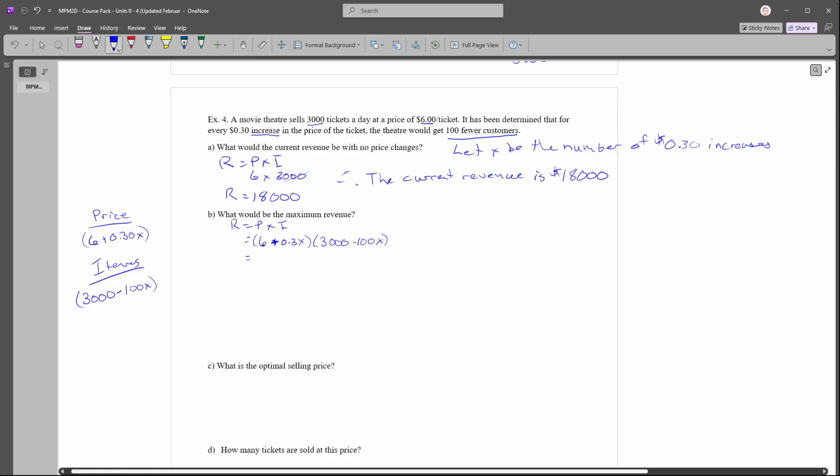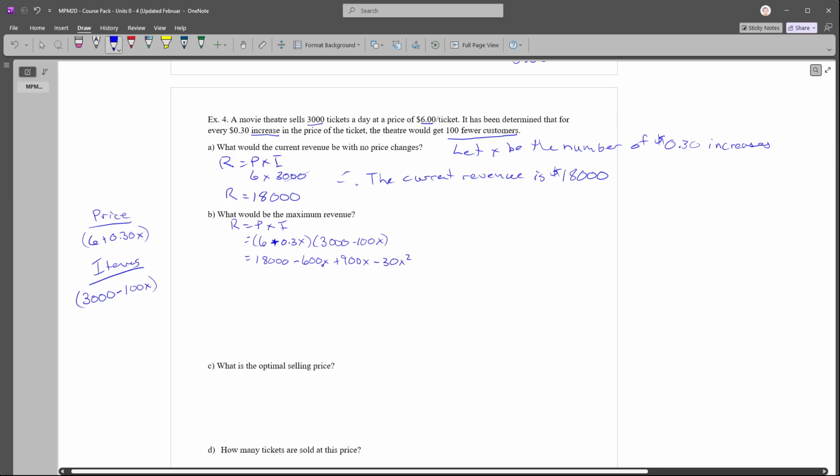We got to use FOIL. 6 times 3,000, that's 18,000. 6 times negative 100x is negative 600x. Okay. 0.3 times 3,000 is 900x. Those are all positives. And then finally, 0.3 times negative 100 is going to give us negative 30x squared, x times x.